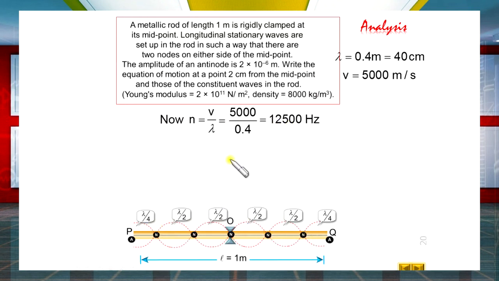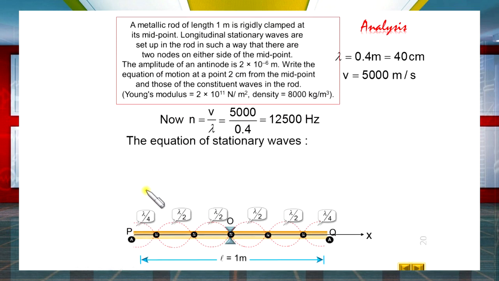And we know the equation of the stationary wave. In this case, let us assume point P as the origin, that is x equal to 0. So if we consider x equal to 0, the equation of our stationary wave should be like this: y equal to 2a, and first we should introduce the cos term because here is an antinode, we cannot have the displacement factor equal to 0.